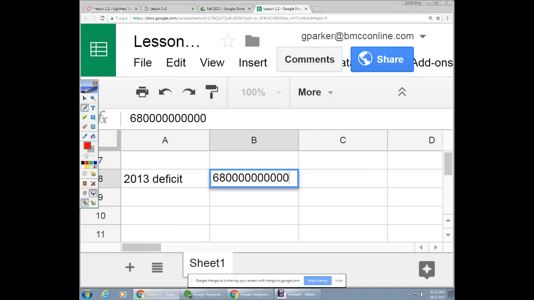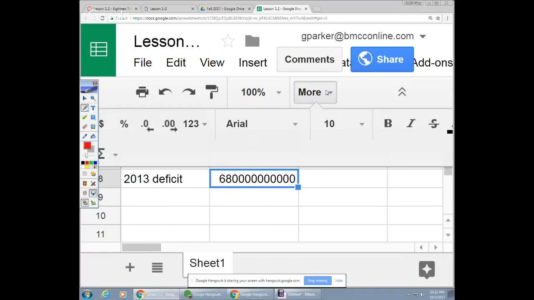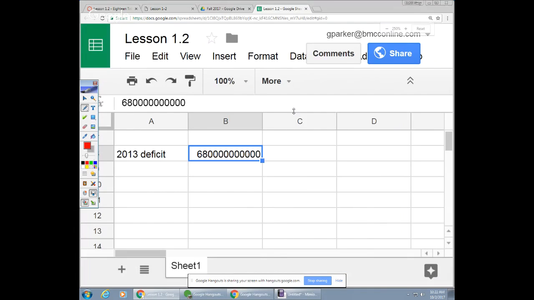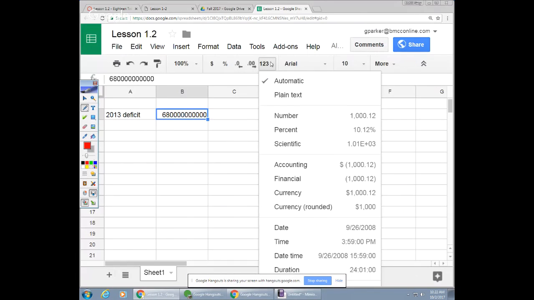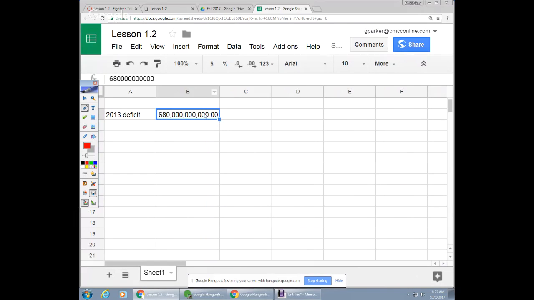Is that right? That takes me to thousands. We need those commas, don't we? 1, 2, 3 millions, 1, 2, 3 billions. I'm pretty sure that's right. But like Colt said, let's put those commas in. I have to zoom out so I can see the tools. Ones, thousands, millions, billions. Yep, we got it.